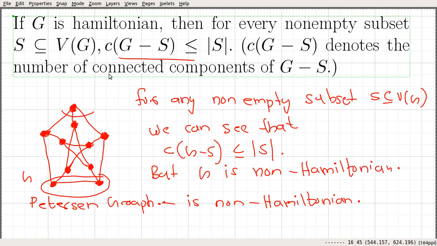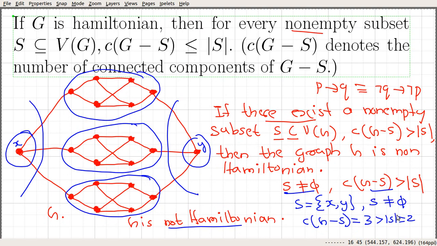Okay, so this particular statement gives a necessary condition for a graph to be Hamiltonian. If a graph is Hamiltonian, then it must satisfy this condition. There are graphs that satisfy this condition, like this Petersen graph, and the graph is not Hamiltonian. We looked at these two examples.